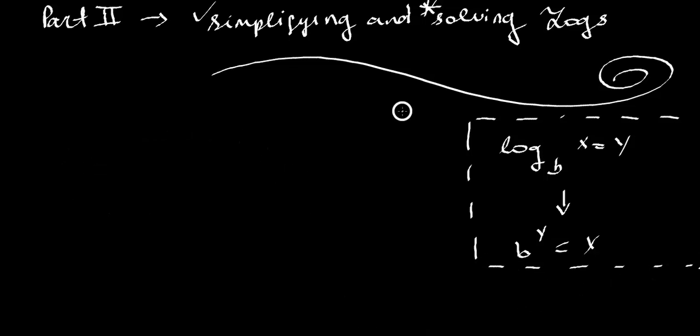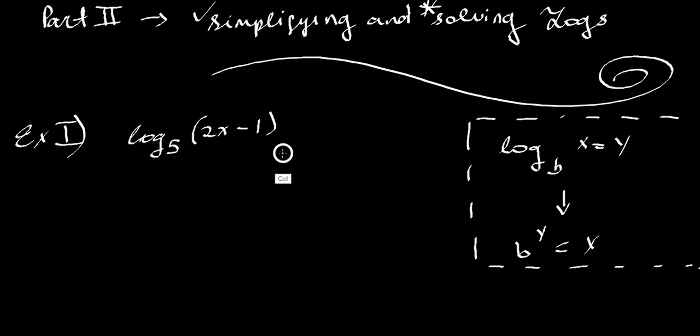Okay, so let's start with my example. Let's say I give you log base 5 of 2x minus 1 equals 2. Okay, so there are two things you can do.